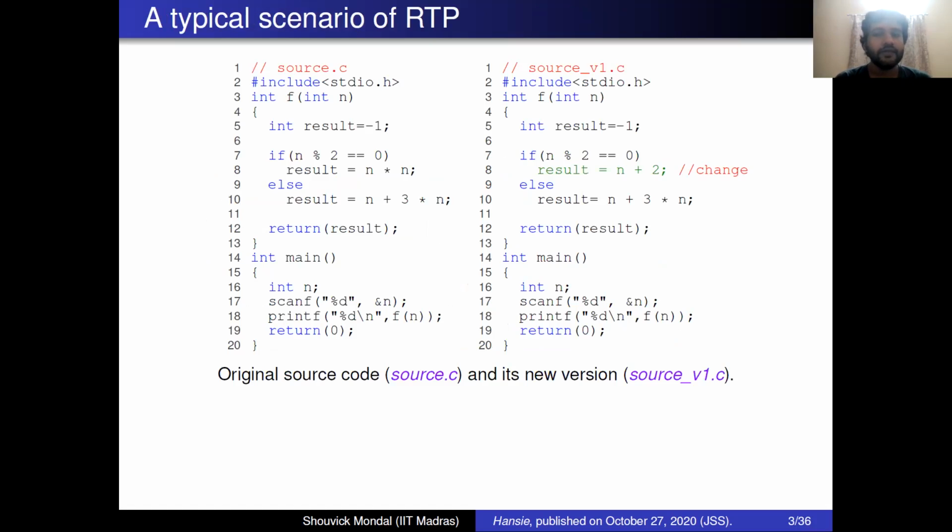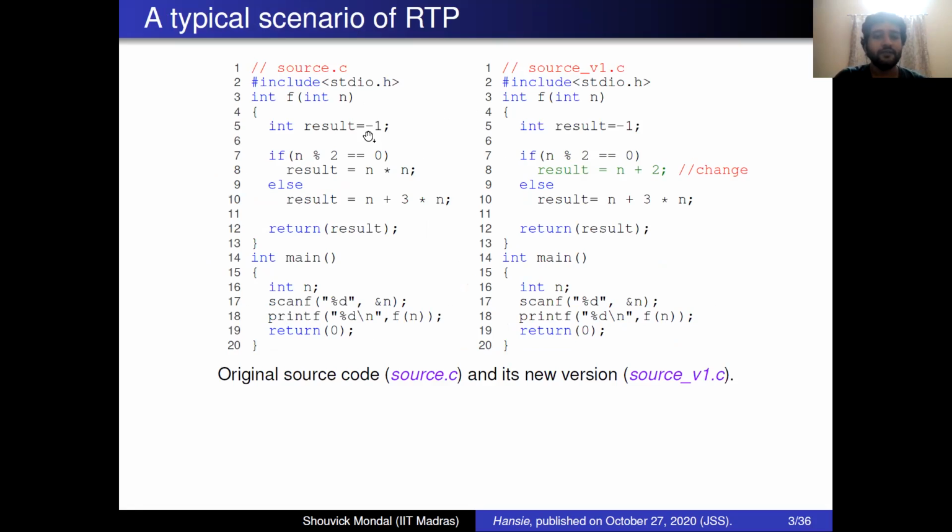So this is a typical scenario of regression test prioritization and also regression test selection. On the left hand side, we have a source.c, a C program, and on the right hand side, we have its update, source view under C. So this update is mainly in the form of line 8.